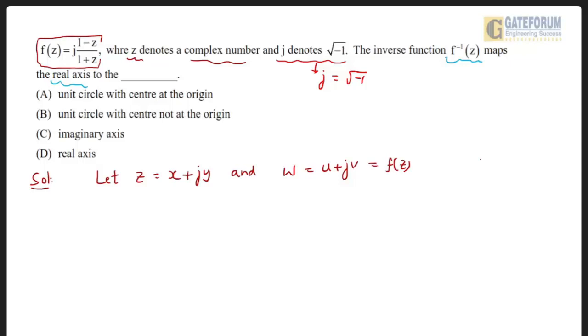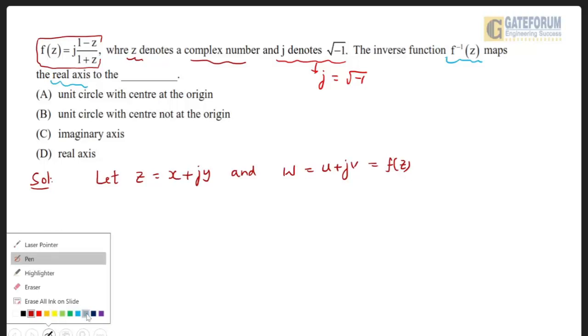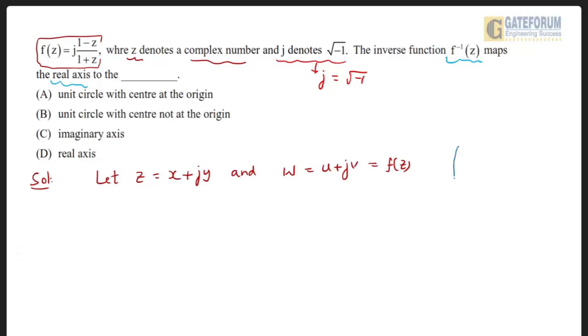Now, I will show the tree diagram like in 10th class. The first set contains Z elements, the codomain contains W elements.